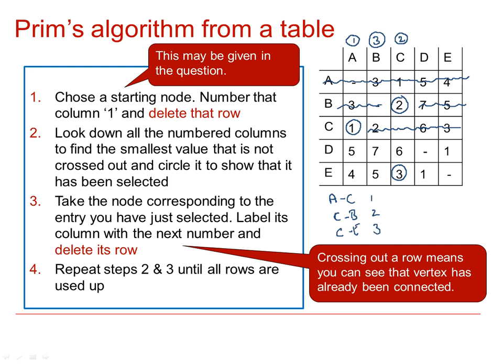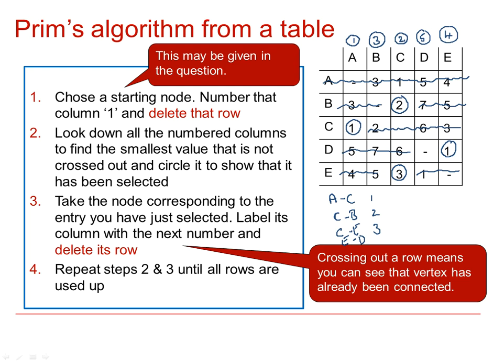So we delete the rest of that row, label E as being the 4th one to be added on, it's the 4th node, and then finally we must come down here to the 1, so that our final one to be added is from E to D, and that becomes the 5th node to be added.